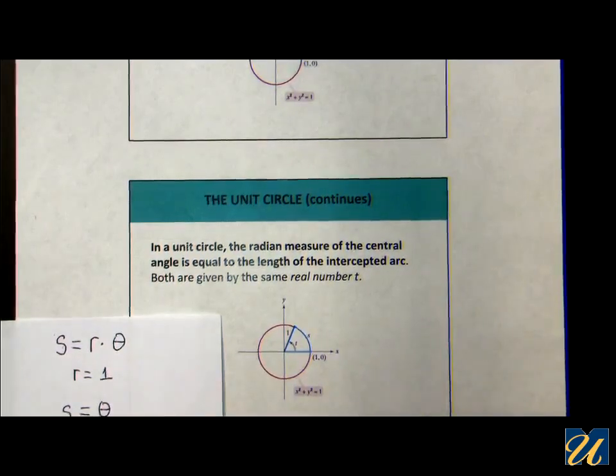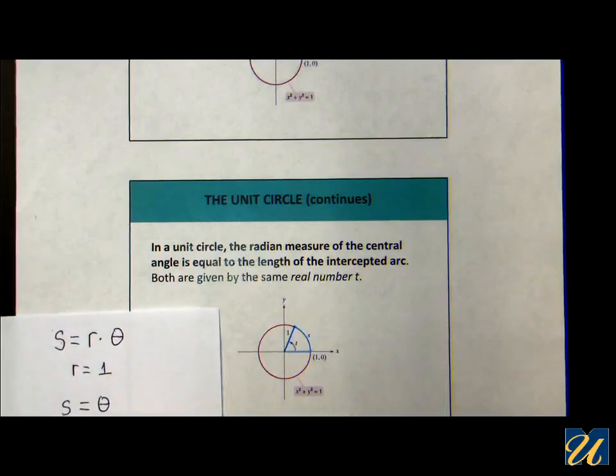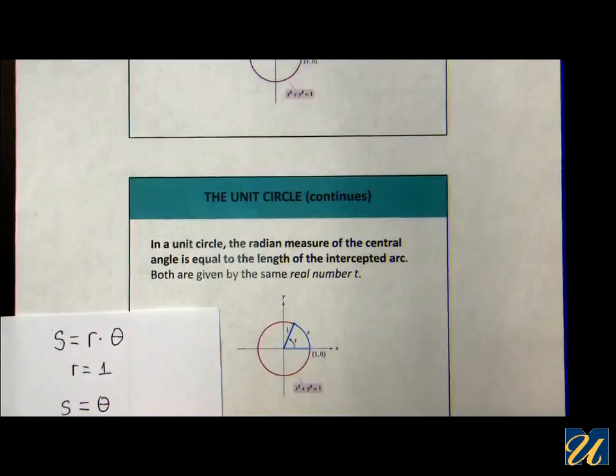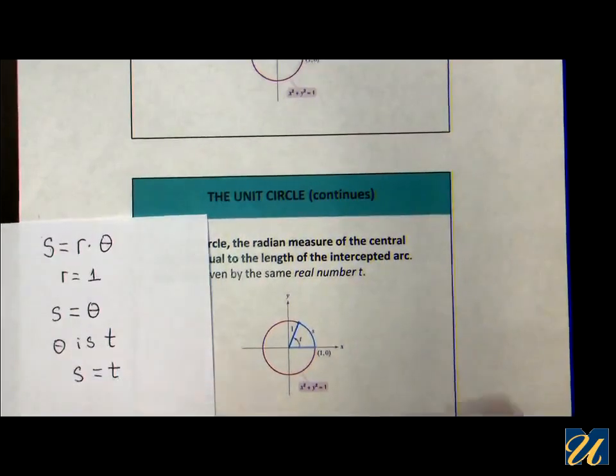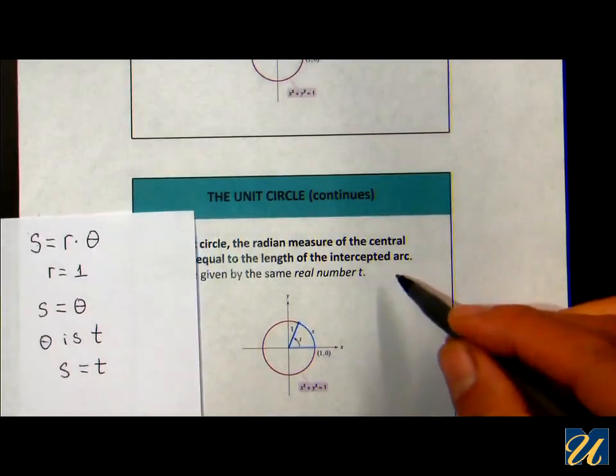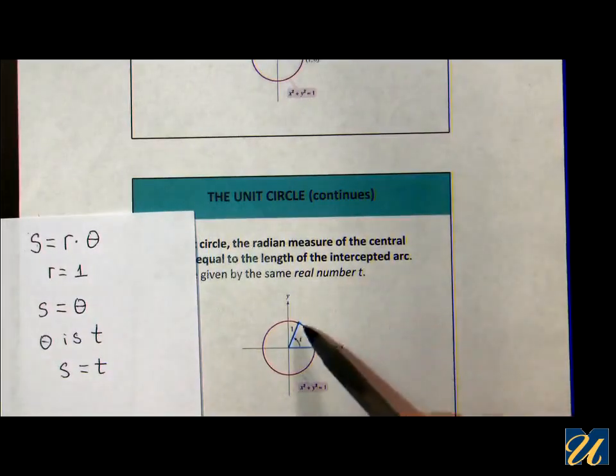But here, in the figure, they use the value t. So theta is given by t. So s is equal to t. And that's what it's saying here, that 1 radian is defined to be where the arc length, s, is equal to the angle subtended by the real number t.